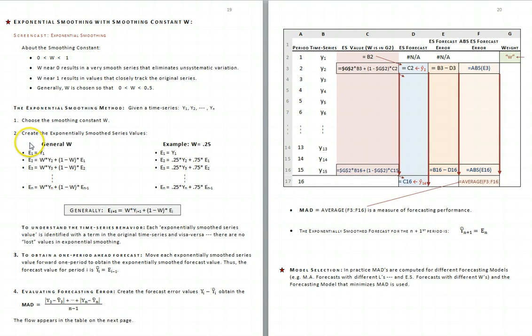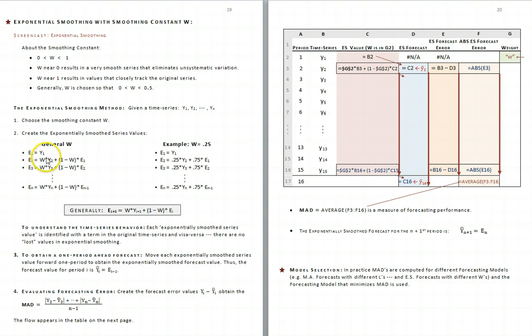Here's the general procedure for creating the exponentially smooth series E1 through En. The first exponentially smooth series value is taken to be the first actual series value. Subsequent exponentially smooth series values follow the same pattern. They're sums.